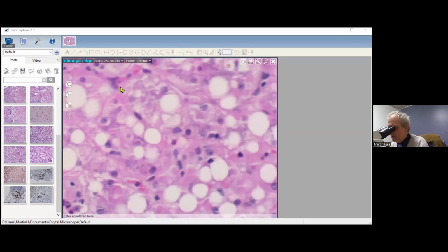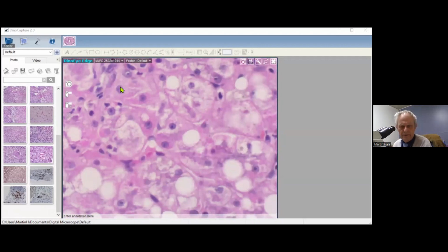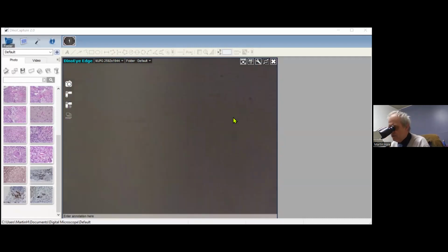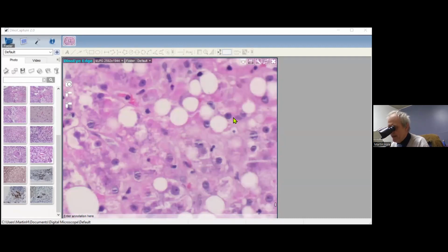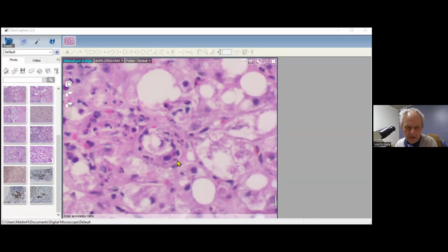Look at all that ballooning. There's at least 4 hepatocytes, one up in the corner there, one here, one there, and some more there. So ballooning degeneration is 2. And when we look for the neutrophils, we can see that there are lots and lots of neutrophils. Look at all these neutrophils. So that's a 2. You don't have to search for these at all. So that means that the activity score here is a 4.